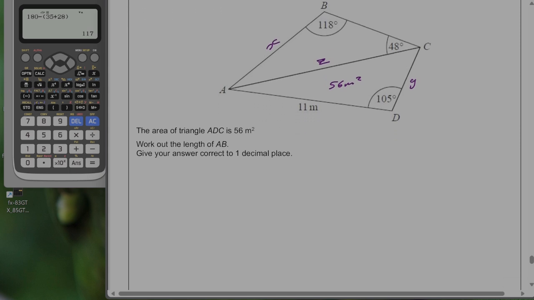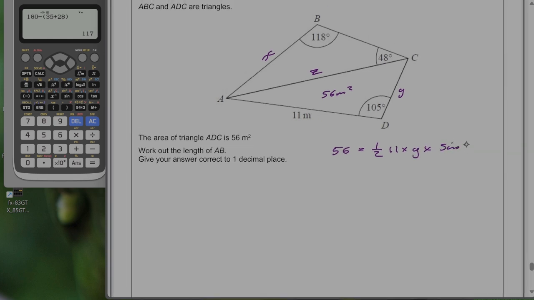Right. So let's plan this out then. Right, so I'm going to avoid using my calculator for a while. I'm going to plan it out. So the area of the triangle, 56, is going to be equal to a half of 11 times y times sine of 105. Right, so that means if we rearrange this, y is going to be equal to 56 times 2 divided by 11 sine of 105.